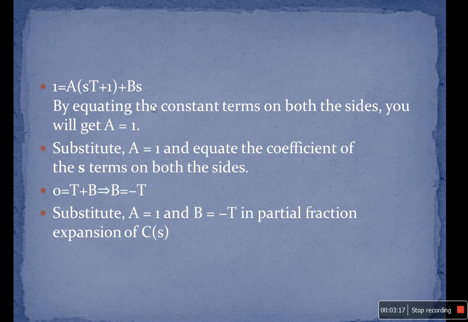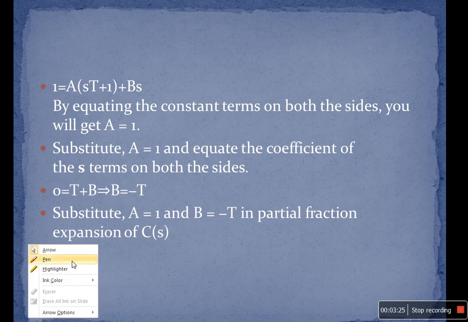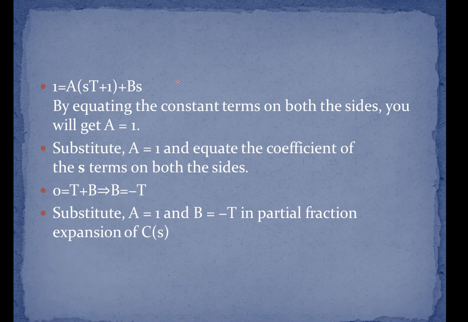So a s tau plus a plus bs equal to 1. Equating the constant terms, we get a equal to 1.